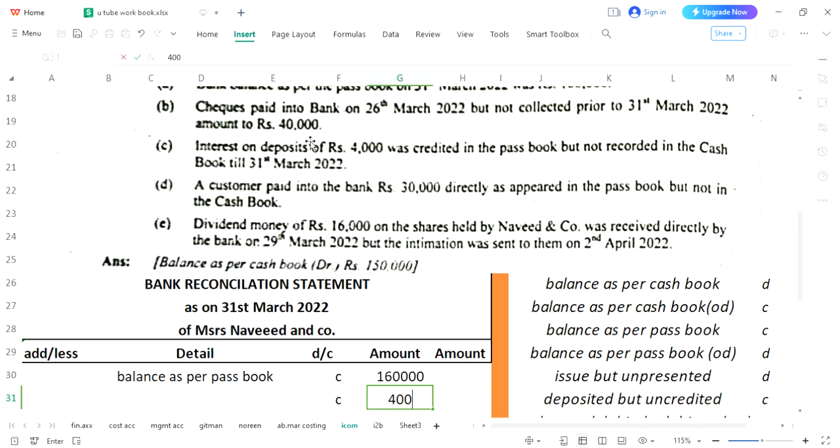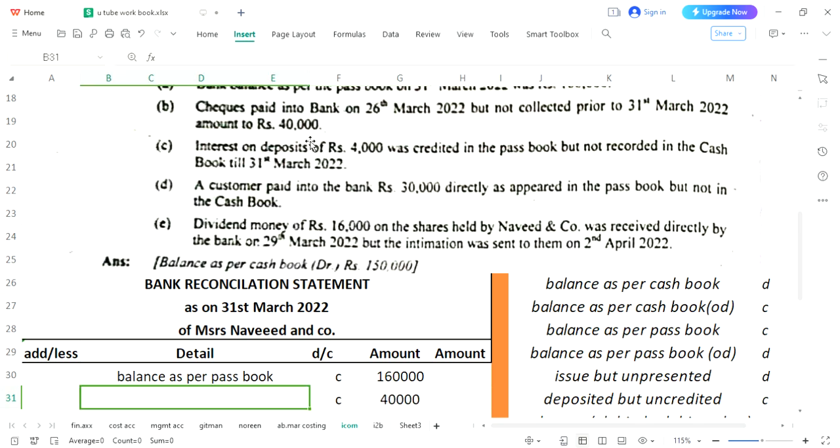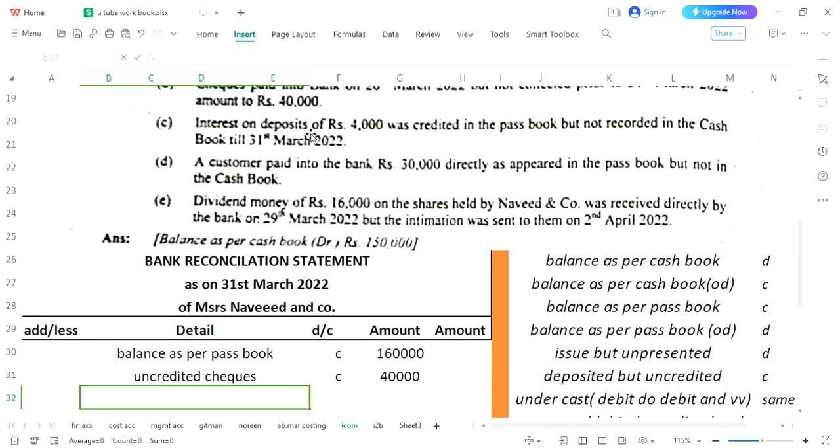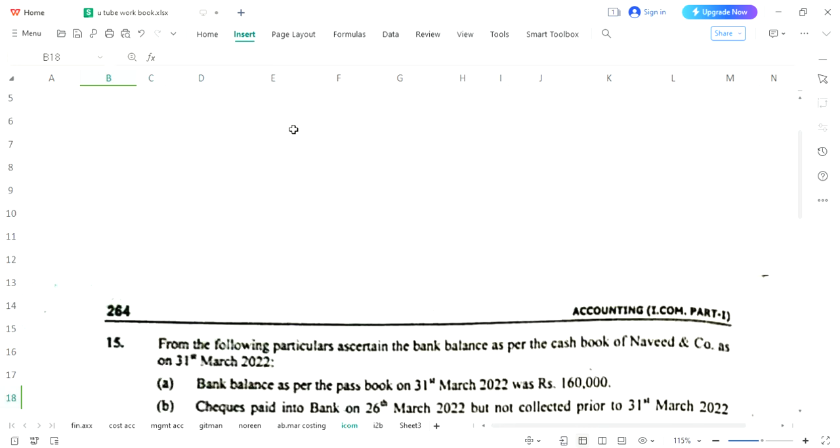Let's put the amount and write down uncredited checks. Look here, deposited but uncredited. Paid in means you have deposited the amount in your bank. Checks paid into bank are deposited, and not cleared, not credited, one and the same thing.